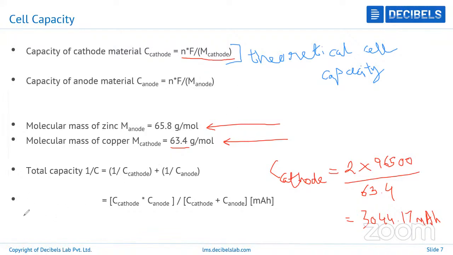So C anode, I'm writing here on the left hand side. C anode is equal to, so your numerator will stay the same, 96,500 into 2 divided by 65.8.